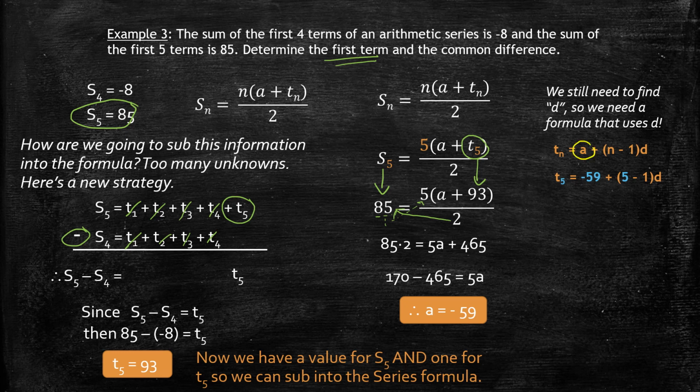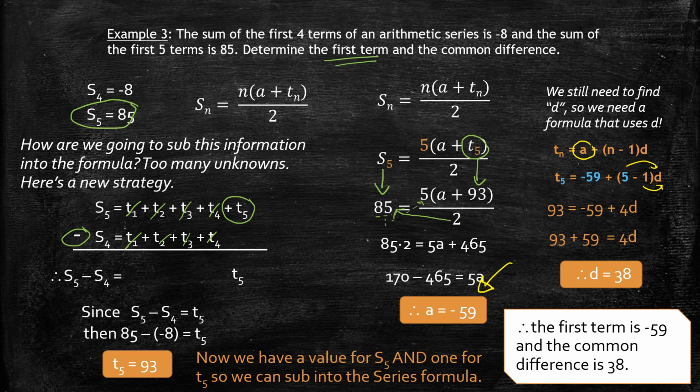We got a back here. We know that a is negative 59, so I could sub that in. And distributing these terms to d, doing some algebra, I get d equals 38. So that is my second part of the answer. Make sure to have a box around that so that that's clear too.